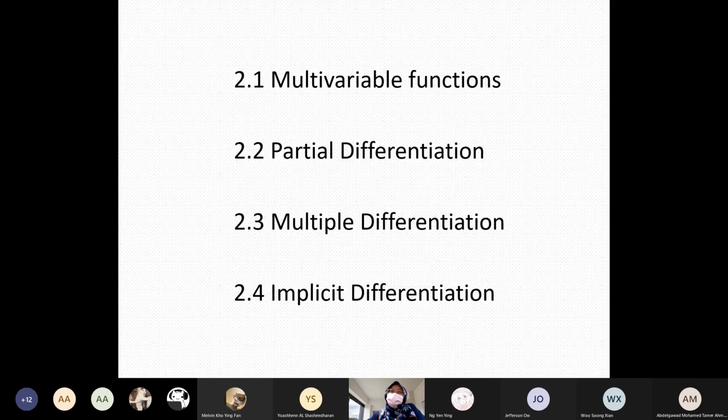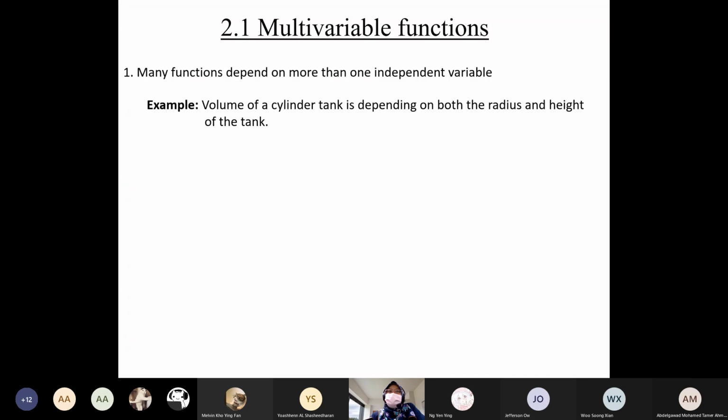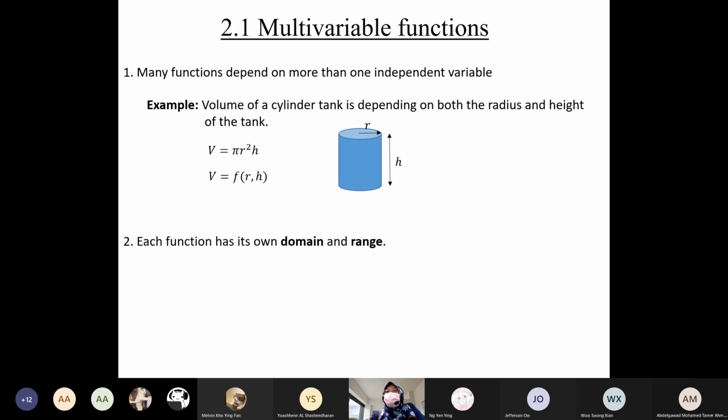So first we look at what is a multivariable function. There are many functions that depend on more than one variable. For example, here you can see that this is a cylinder.